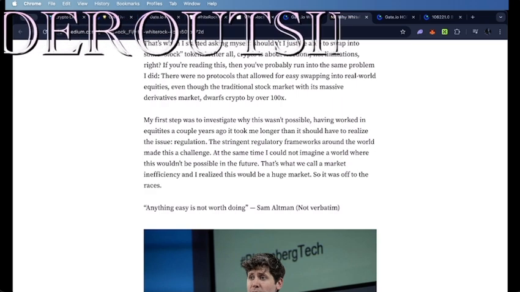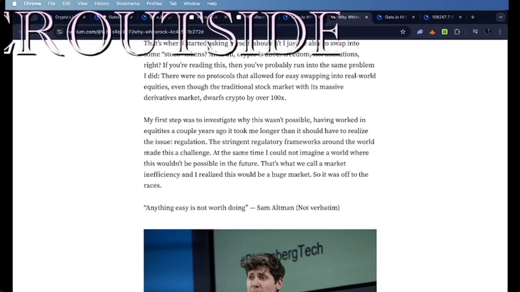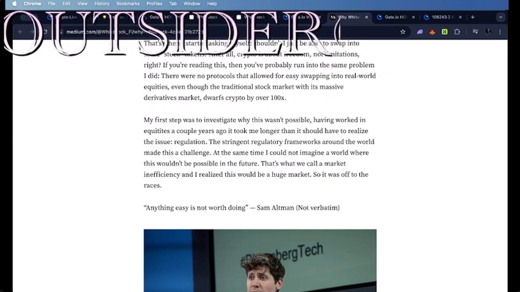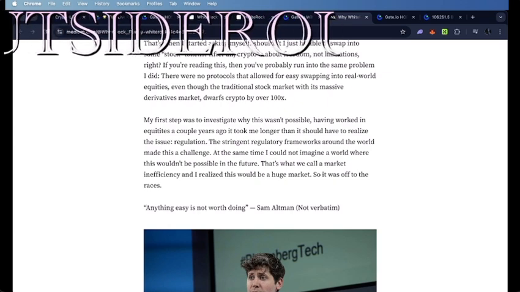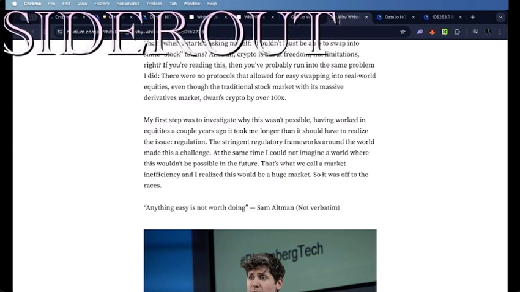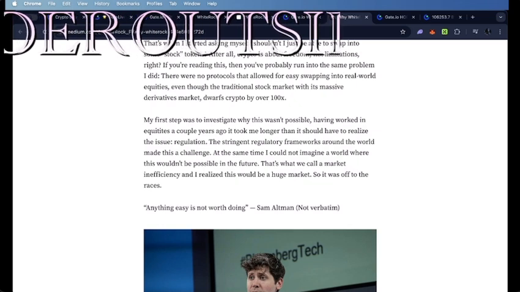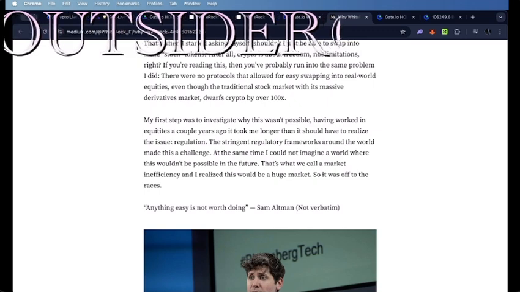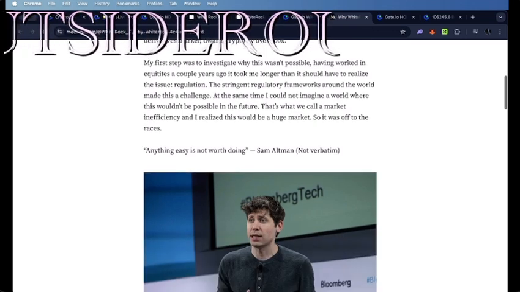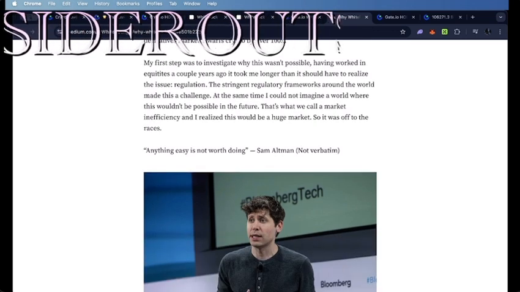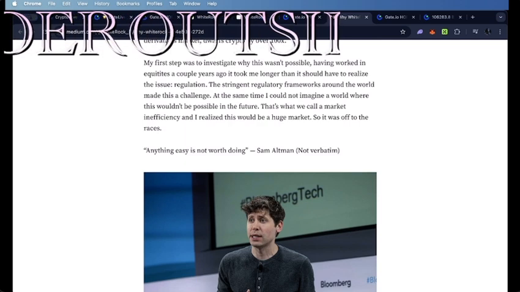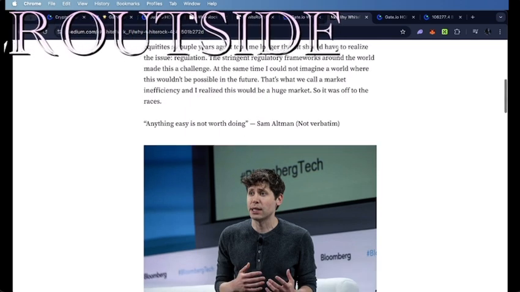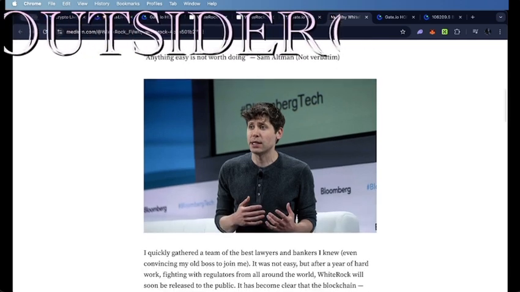At the same time, I could not imagine a world where this wouldn't be possible in the future. That's what we call a market inefficiency, and I realized this would be a huge market. So it was off to the races. Anything easy is not worth doing. Sam Altman, not verbatim.